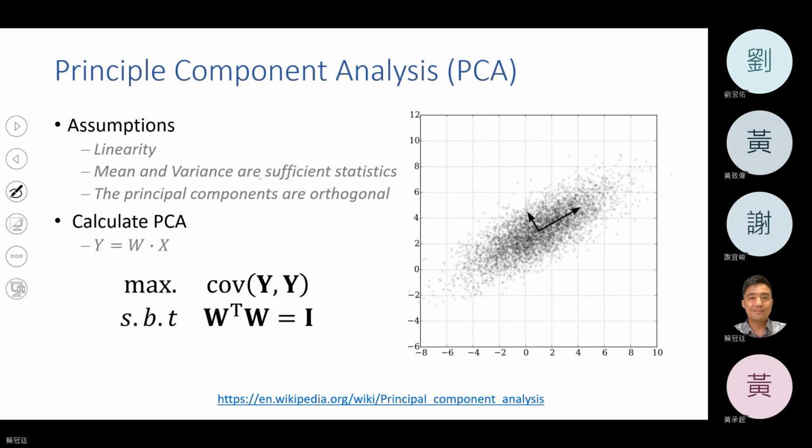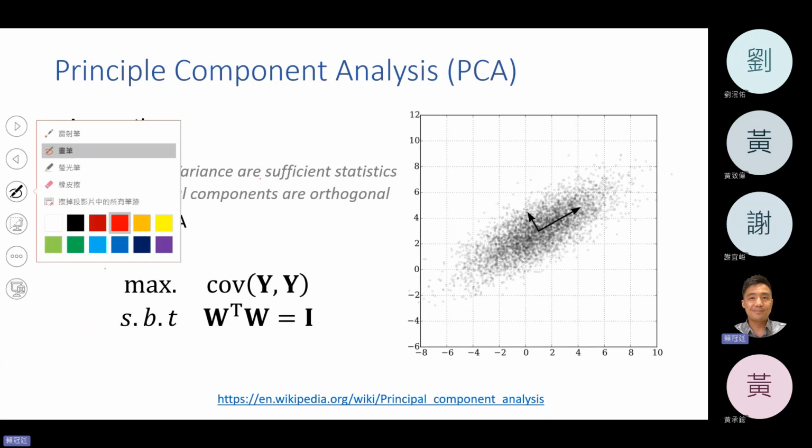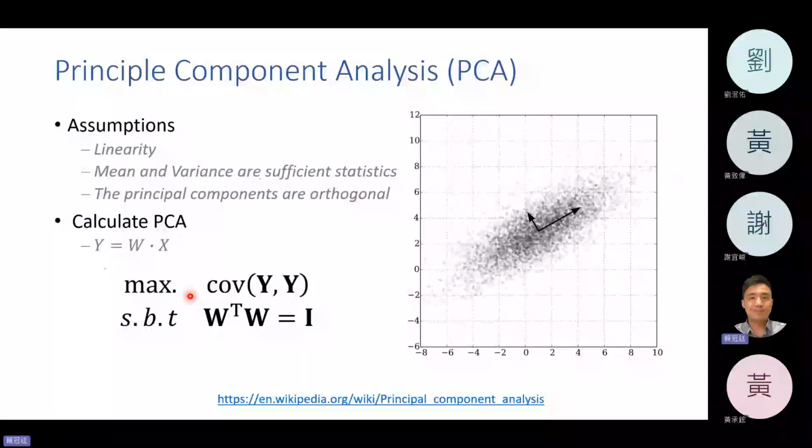Here is the optimization function of PCA: we try to maximize the covariance of the data, where the data y is represented by x and W, a linear representation. The constraint is that the principal components are orthogonal, which means the W matrix multiplied by itself is an identity matrix.